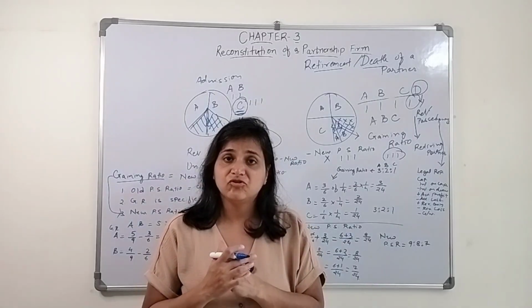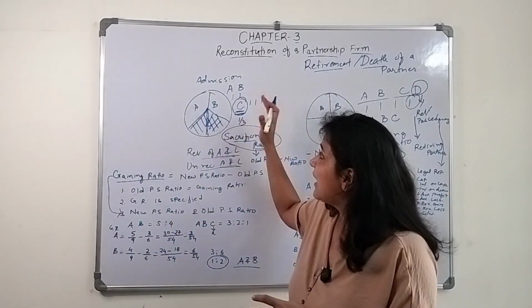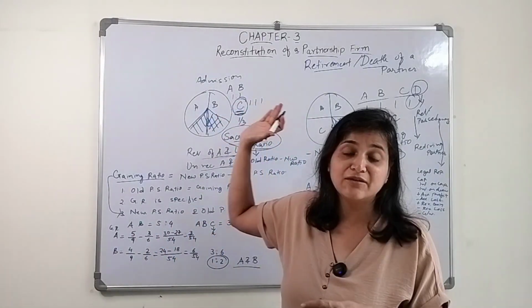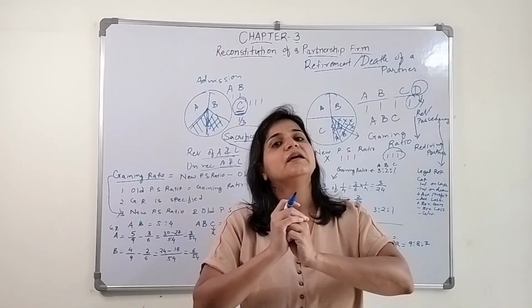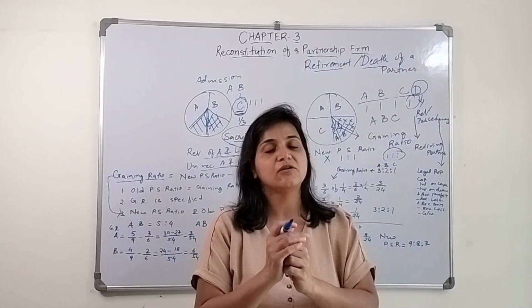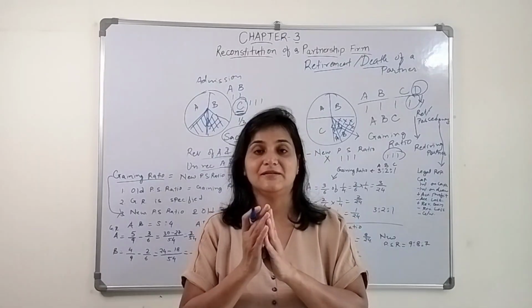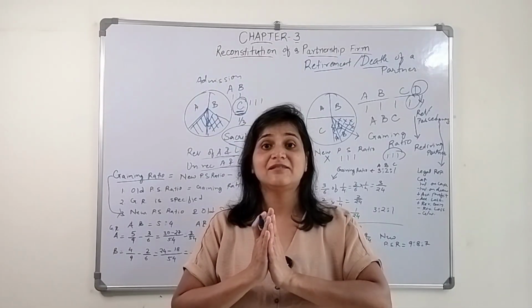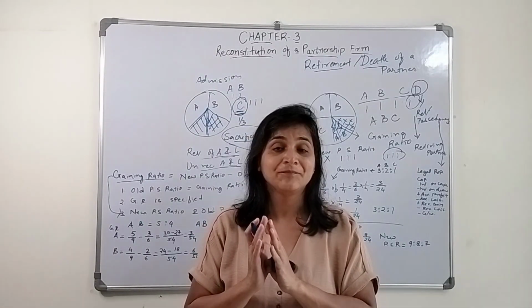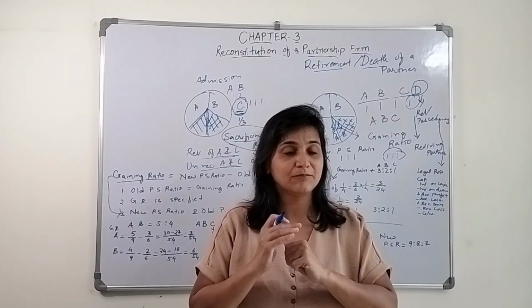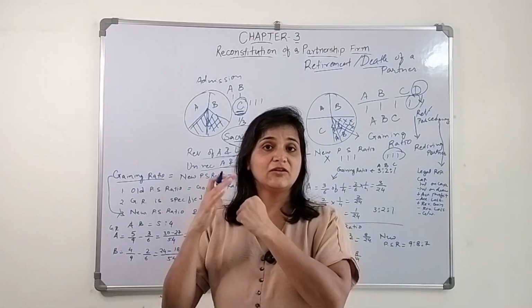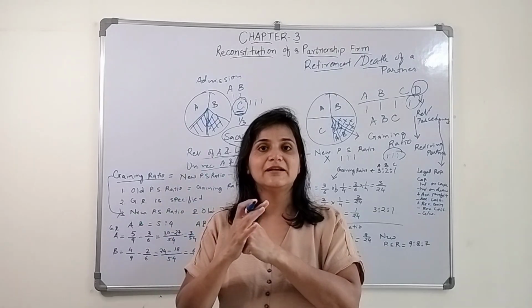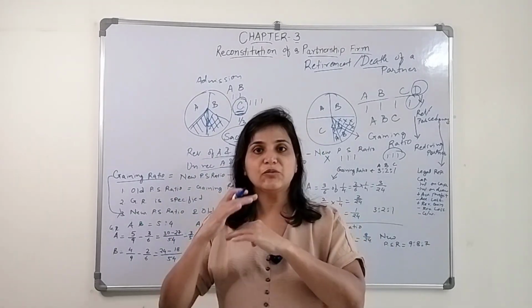Now, why is gaining ratio important? Similarly, how it was important when there is an admission of a partner, in the same way it is important when a partner retires or passes away from the business. What is that situation? That situation is goodwill. That partner belonged to that firm, right? So that firm has also earned a name or reputation.